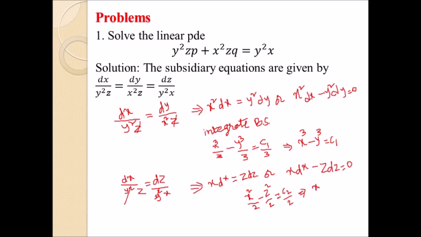So we get here x square minus z square is equal to c2.